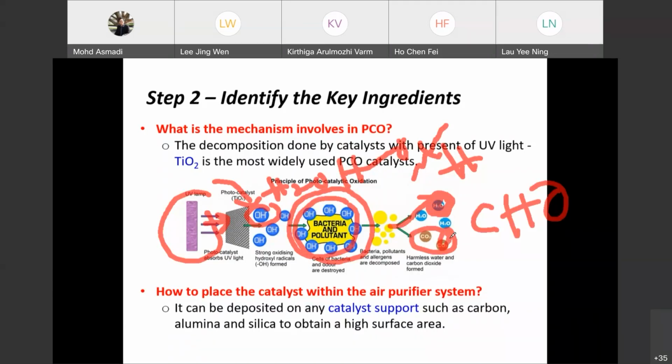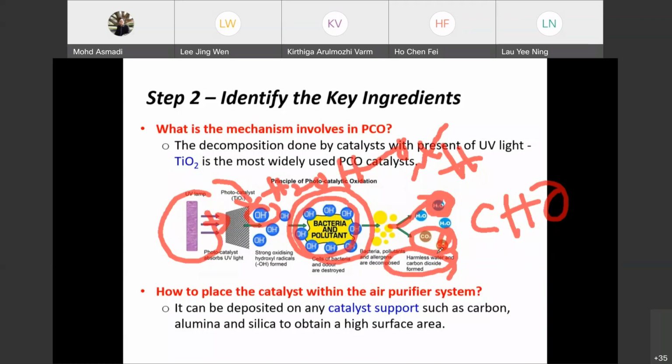Okay, so we converted them to other components which are harmless. When we decompose these pollutants or VOC, we convert them into harmless components. Okay, so this is the mechanism.